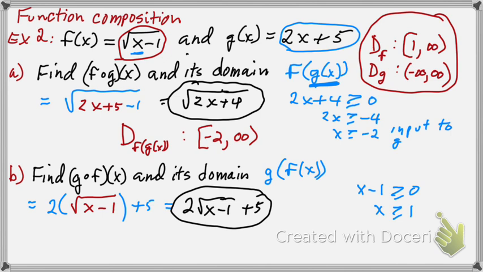If I sent that 0 result to G, would I be okay? Yeah, because I have 2 times 0 plus 5. This you got to slow down and think about. So I'm saying the domain for the whole thing would be what?